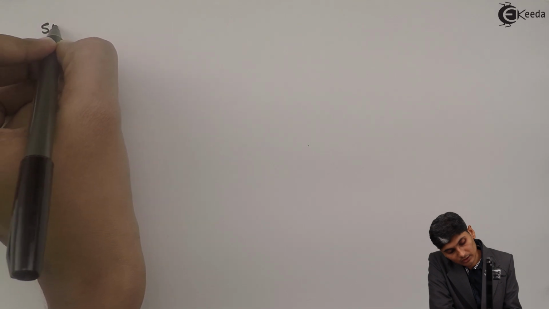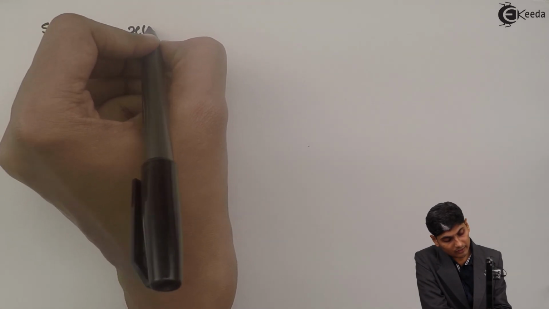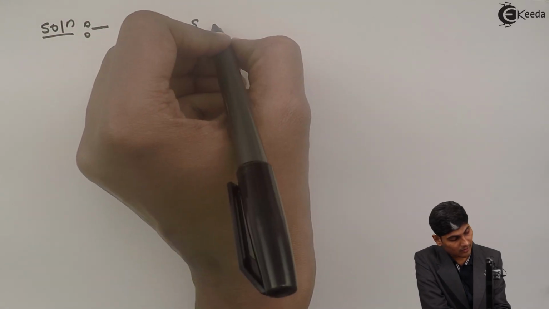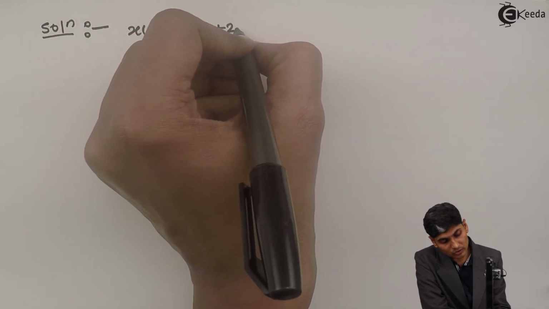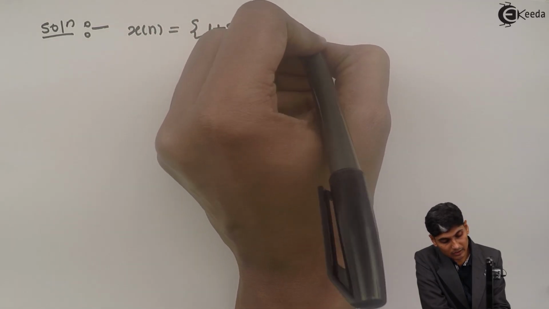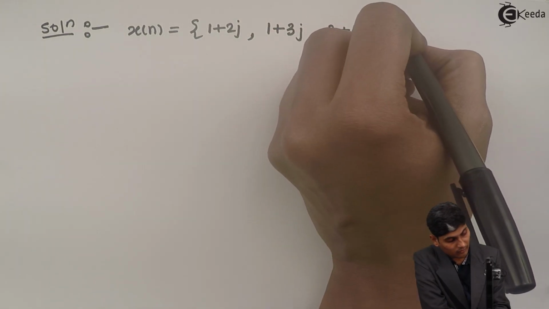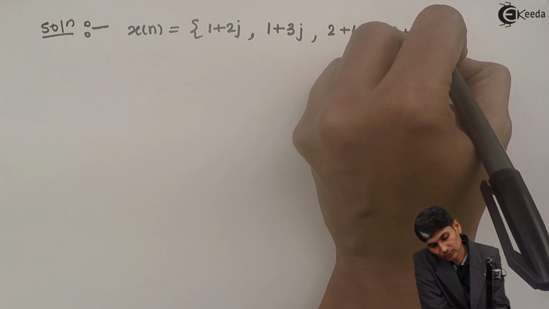So for the solution, my given x of n is 1 plus 2j, then it is 1 plus 3j, then it is 2 plus 4j, and finally it is 2 plus 2j.